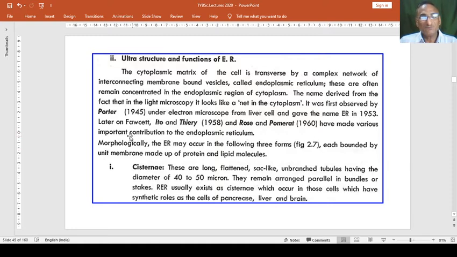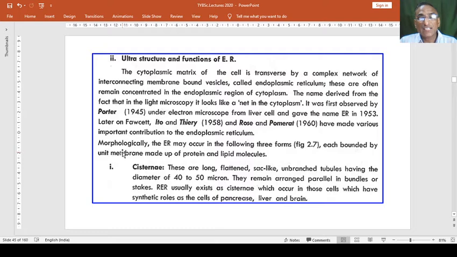Later on, Fawcett, Ito and Thierry in 1958 and Rose and Pomeroy in 1960 made various important contributions in the study of endoplasmic reticulum, observed it in the laboratory and described its structure and morphology.